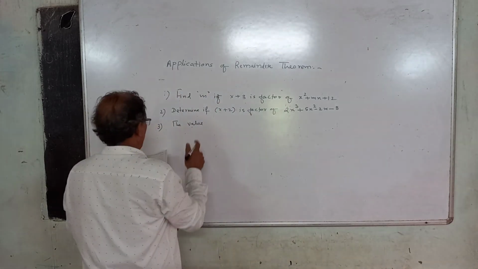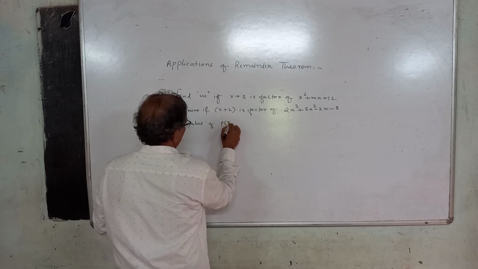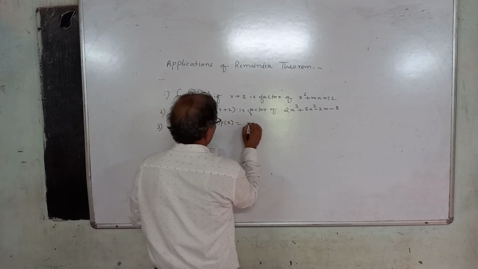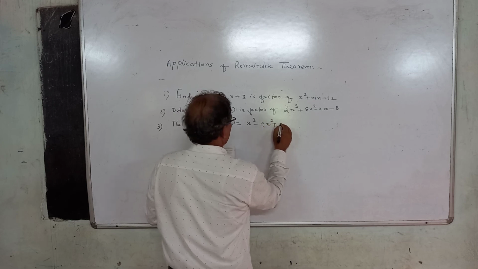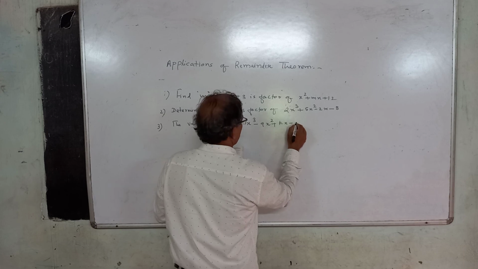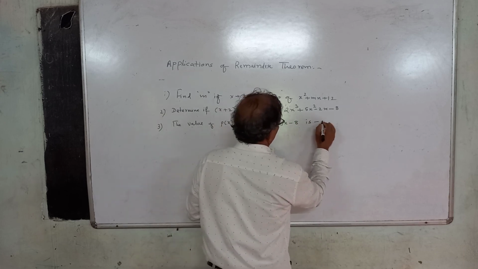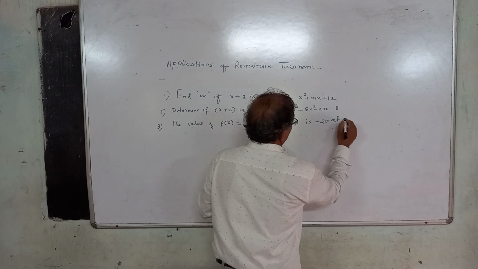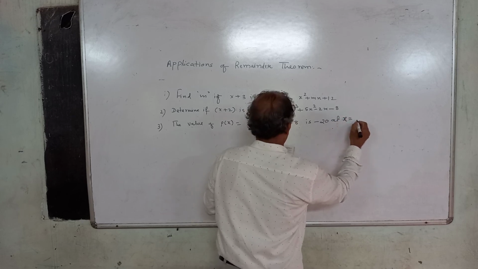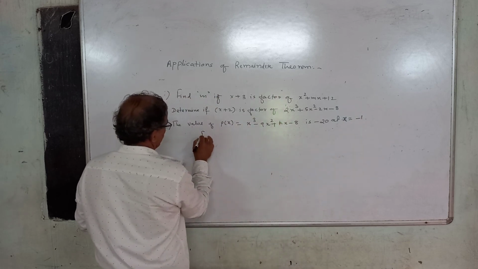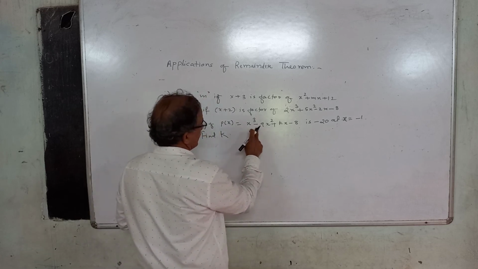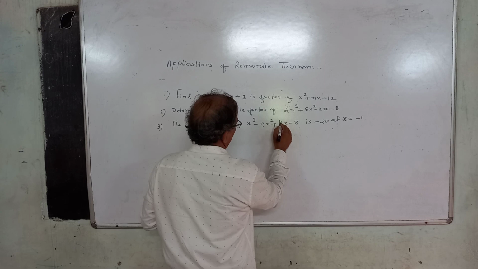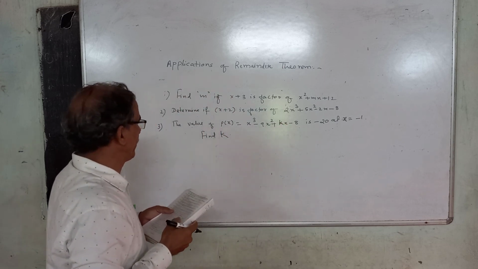Okay. Now the value of p(x) is equal to x cube minus 9x square plus kx minus 18, minus 28 at x is equal to minus 1.